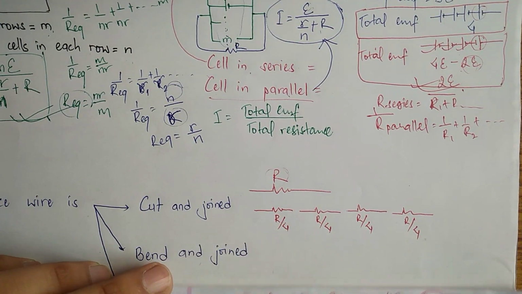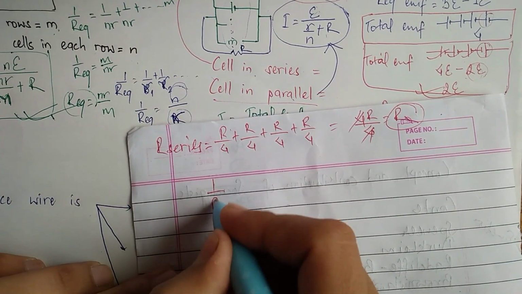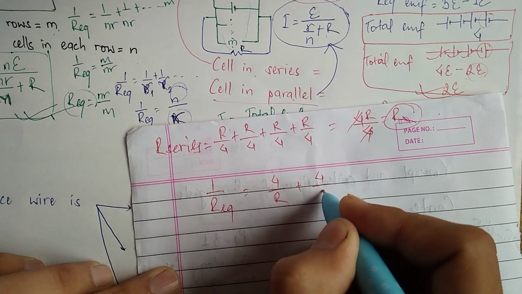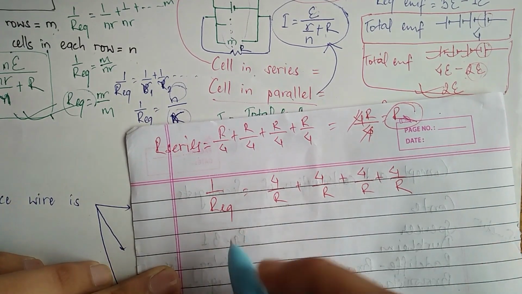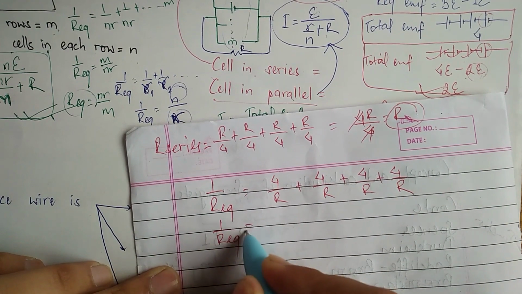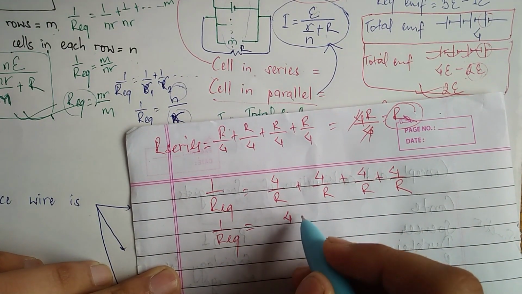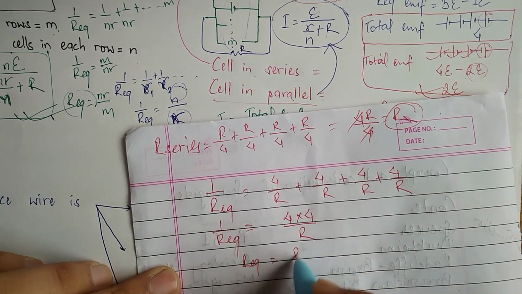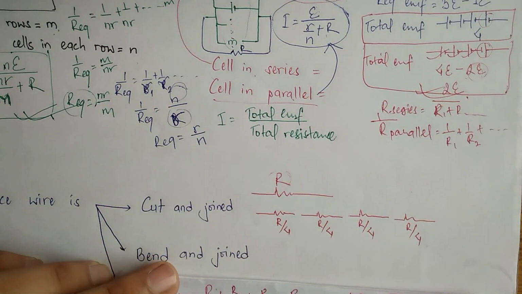So R series, if we join it in series, will be the same R. But if we connect it in parallel, then 1 by R equivalent equals 4 by R plus 4 by R plus 4 by R plus 4 by R. So 1 by R equivalent equals 4 into 4 by R. R equivalent equals R by 16. Well, you don't have to do this long, because there is one shortcut.